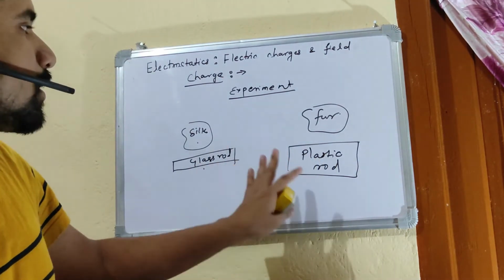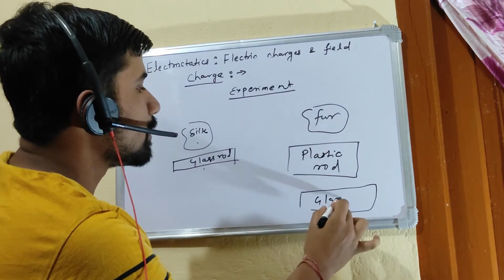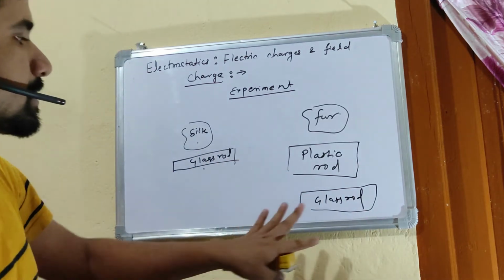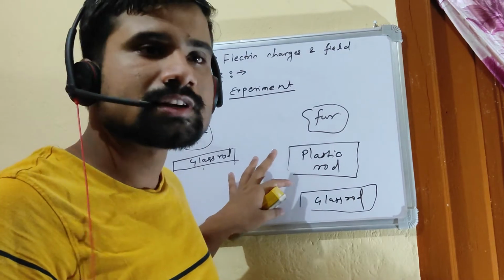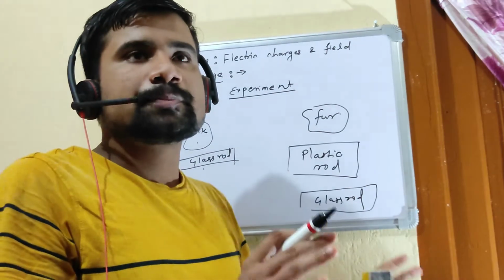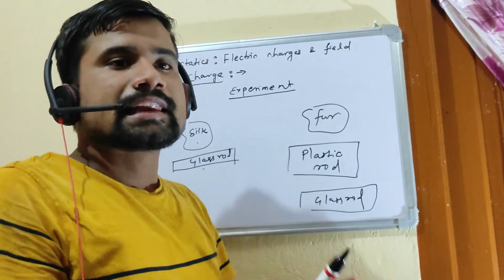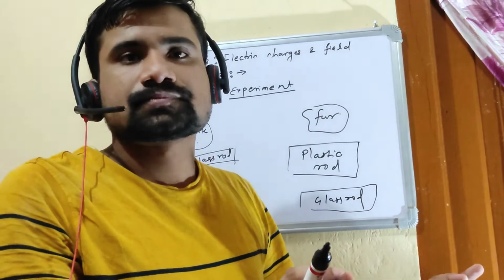But similar to that, when there was another glass rod which was rubbed against silk and then brought into contact with this glass rod, they seem to be repelling each other. So during ancient times, Benjamin Franklin classified these as two different natures of charges.